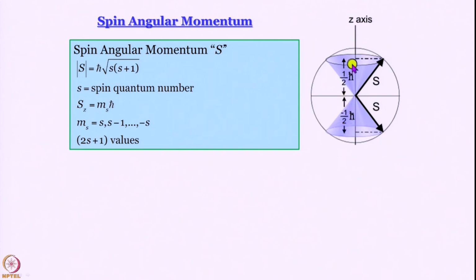They designate the z component of spin angular momentum, that would be h cross multiplied by ms. So, for an electron, any electron, whether it is bound to an atom or whether it is free, you have two different kinds of z components of angular momentum, it is h cross by 2 and minus h cross by 2. And since the length is specified, root over s into s plus 1 times h cross, and the z component is also specified, this angle theta is specified as well.